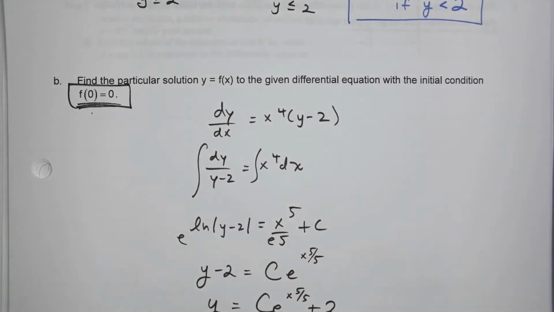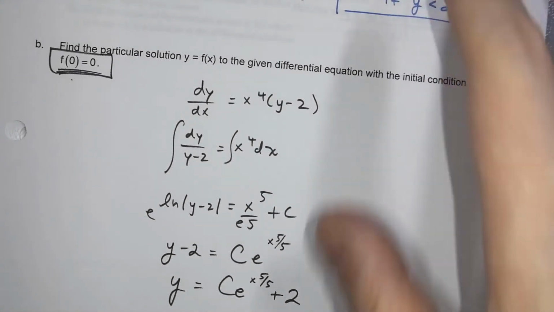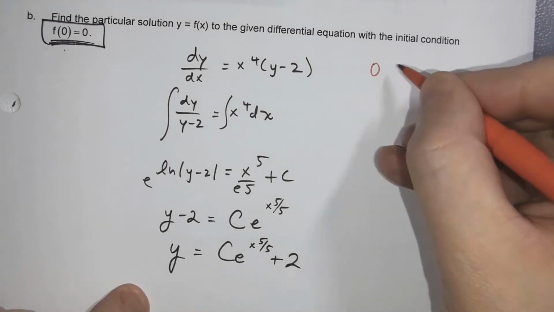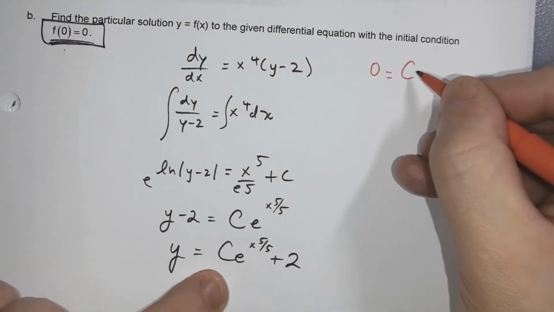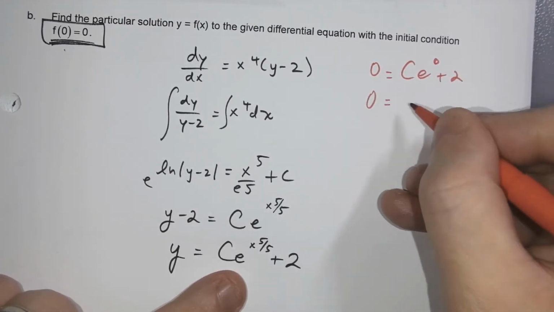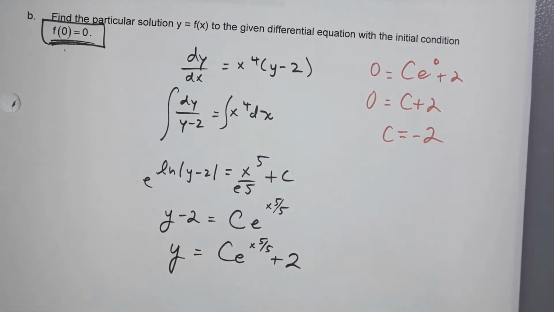Now, with that initial condition of 0, 0, we will take this solution to the differential equation and use the point 0, 0. So 0 equals c e to the 0 plus 2, which means 0 equals c plus 2, and therefore c equals negative 2.